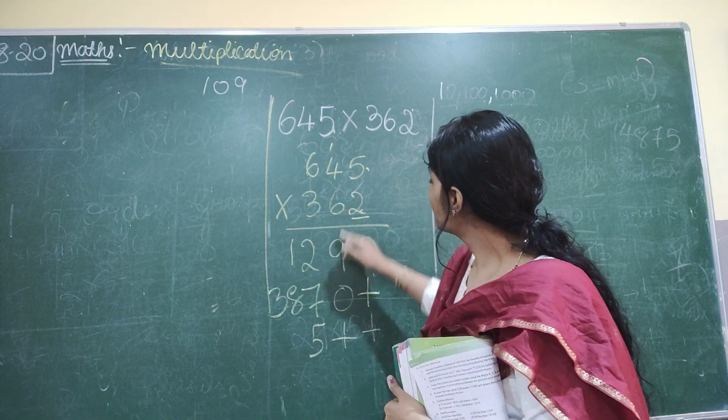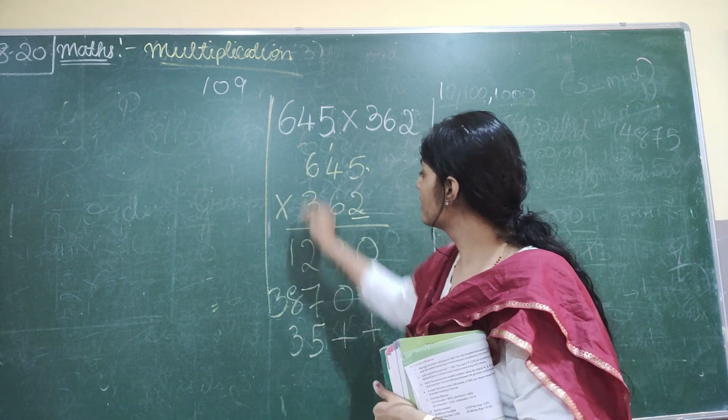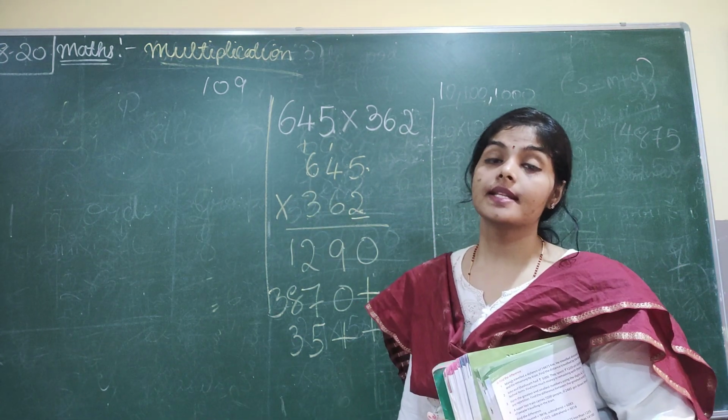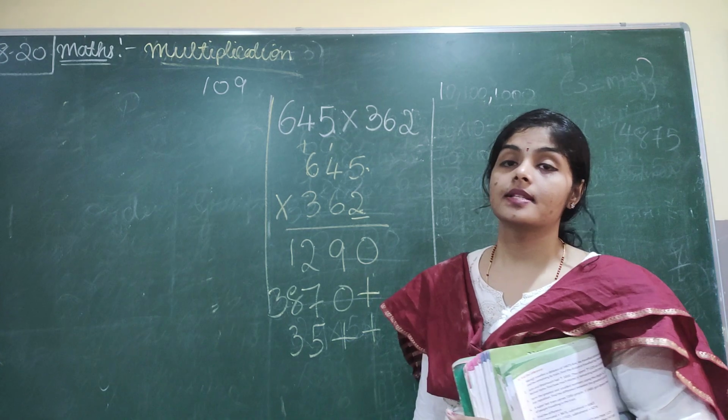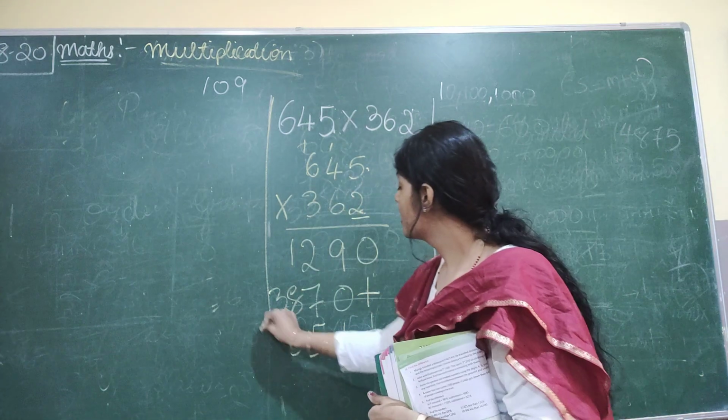Why? Because 3 5s are 15, 1 carry over, 3 4s are 12 plus 1, 13. 3, 1 carry over. 3 6s are 18 plus 1, 19.